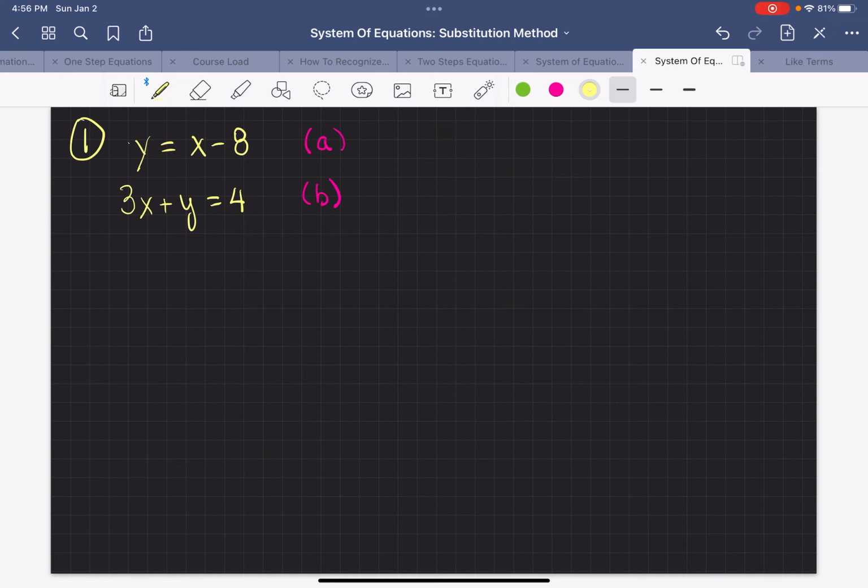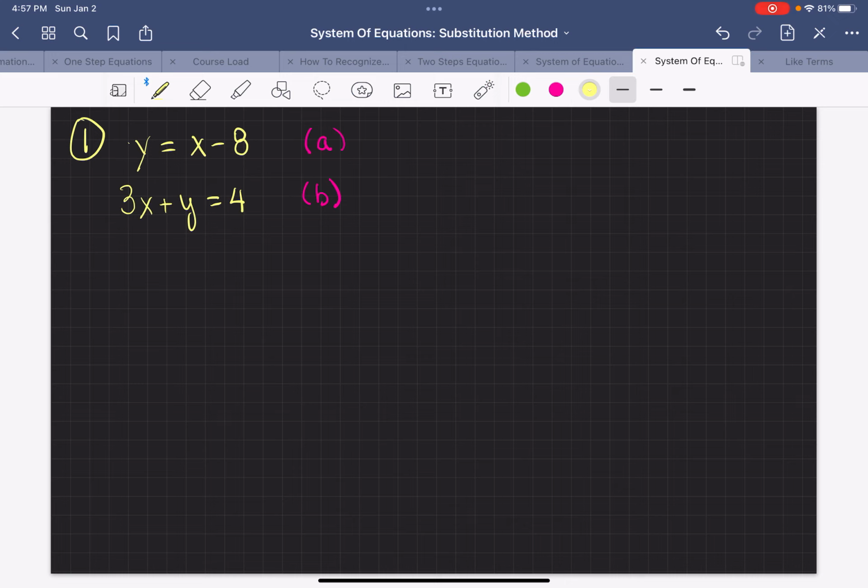But I will suggest that whenever in one of your equations, like for example, look at equation A, you have one of your variables already isolated, meaning already by itself on one side of the equation, you use the substitution method because it's the easiest thing to do when one of the variables is isolated. So we're going to go ahead and do that.